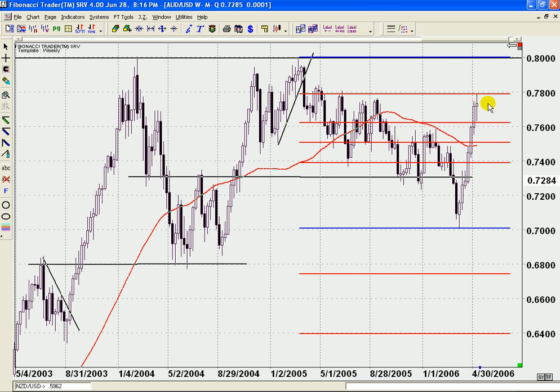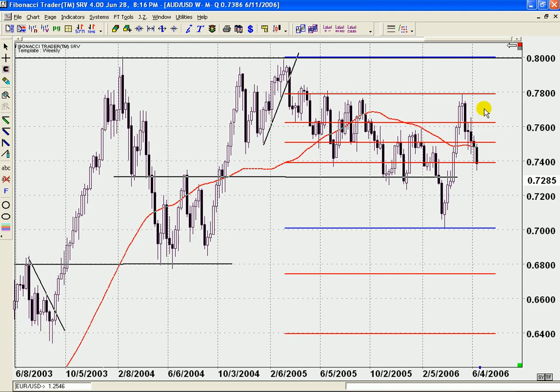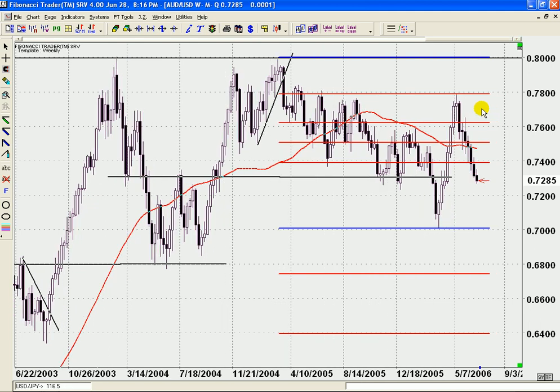Very similar also in timing to the British pound retracing to the 79% level. Then we have our move down. So it's from 78 down to 73, a 500 pip move directly from the 7800 level.